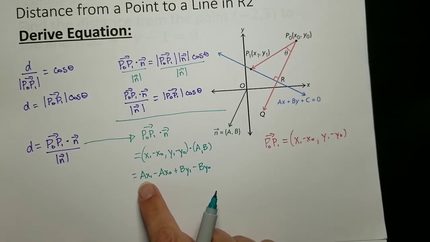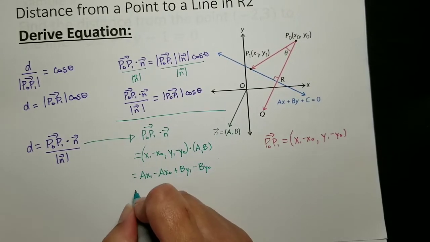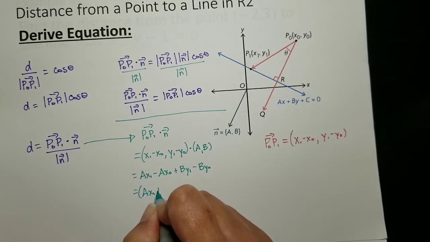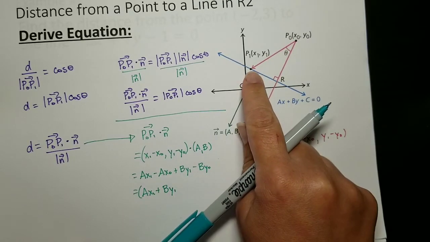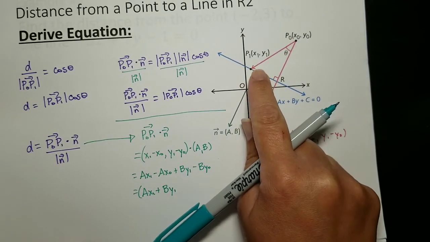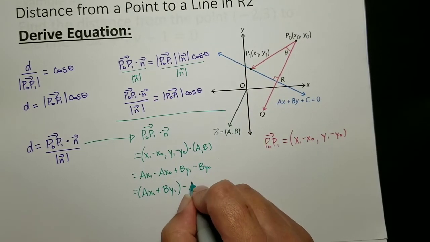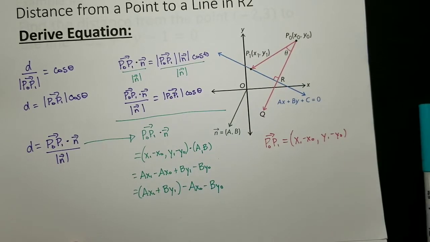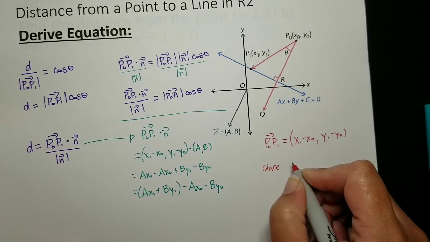Now, I know that this section here, ax1 plus by1, is a point on the line.